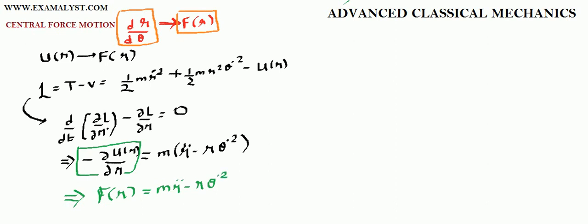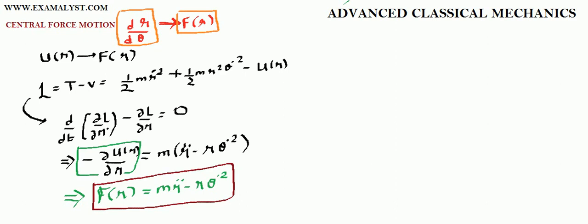So this is our force related to the central force. This is the final equation of motion that we get from the Lagrangian, and whatever equation of motion we get from the Lagrangian is always a force equation. Agreed?